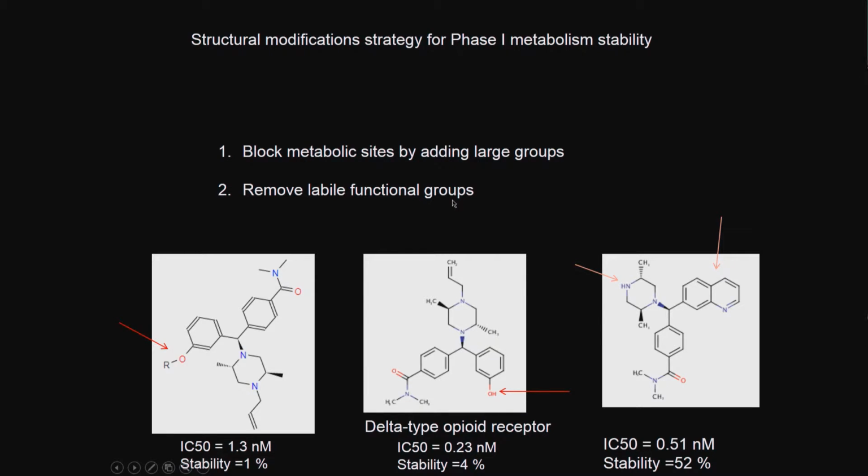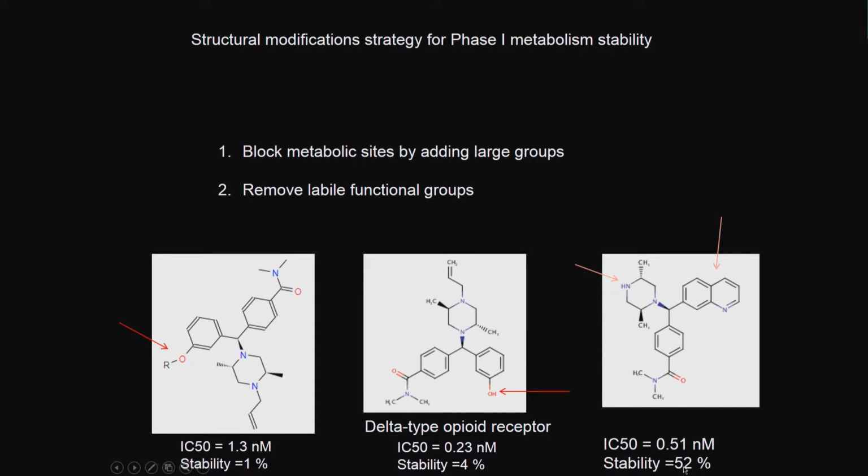As you can see, IC50 is 1.3 nanomolar, stability is only 1%. Look at this, this is a delta type opioid receptor, IC50 0.3 nanomolar, stability is only 4%. So, what has been done here? You put in some large groups here, and changes have been made in all these places.